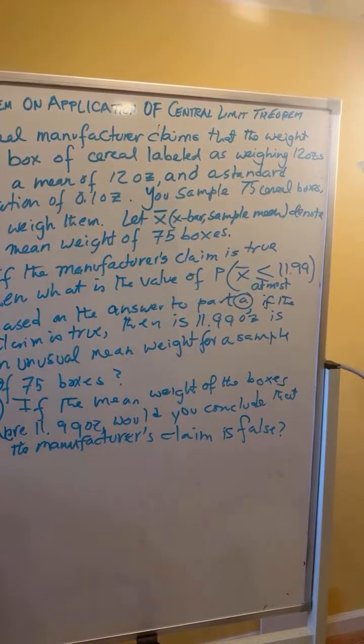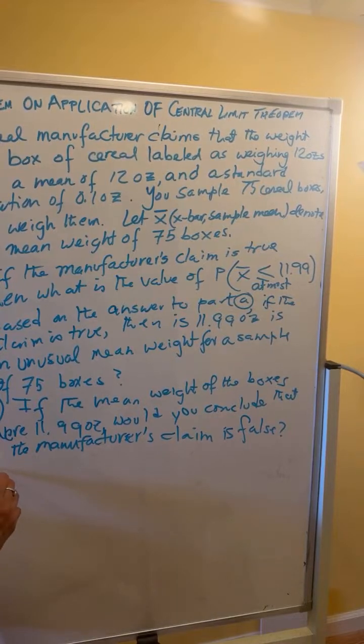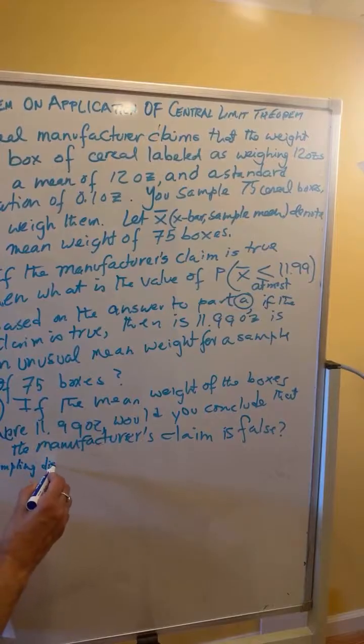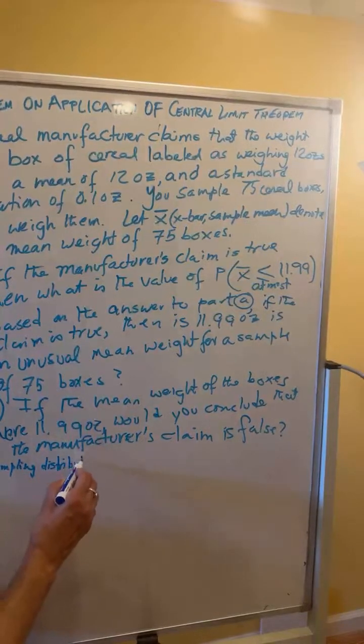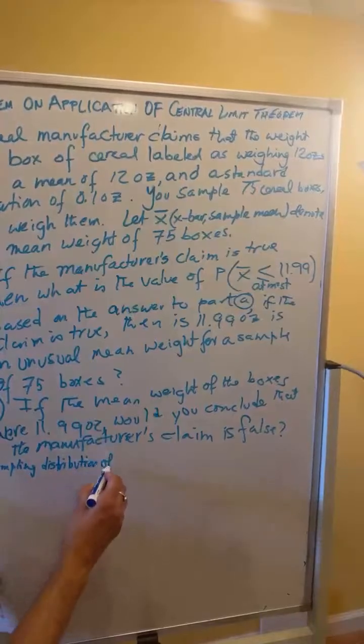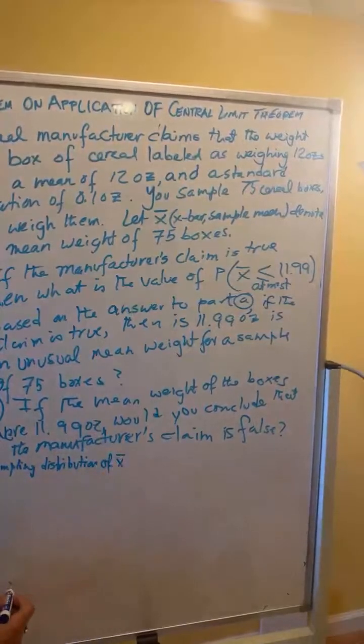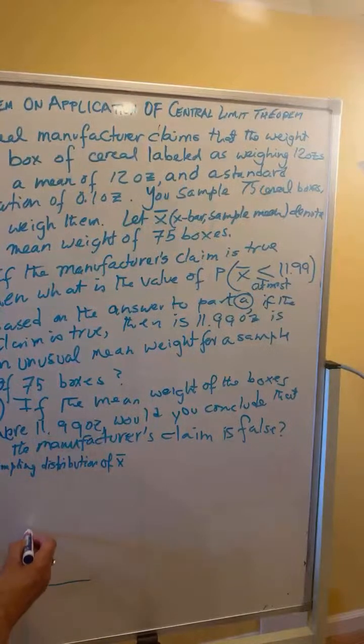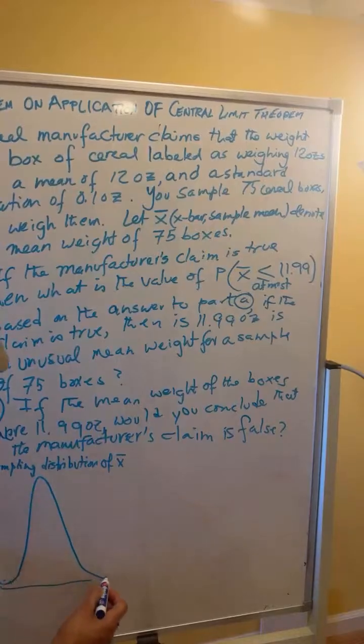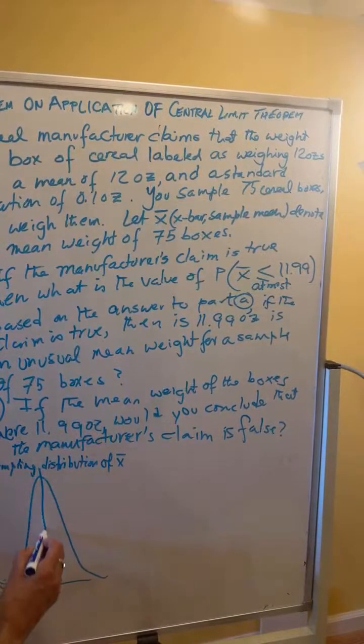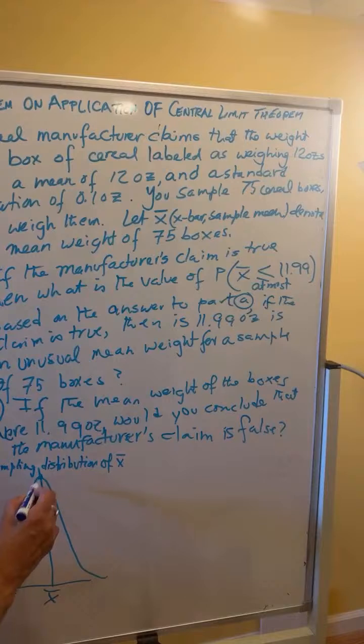Okay, so we will apply the central limit theorem. We will do the sampling distribution of x bar, the sample mean weights. As we discussed, the central limit theorem states that for a large sample size, n greater than or equal to 30, the sampling distribution of x bar is bell-shaped, with its peak where the probability is highest.